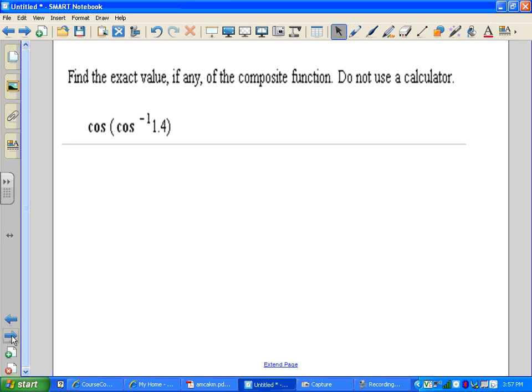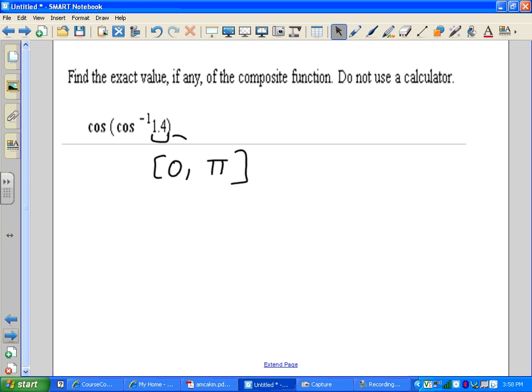Now, here's another one here. If we're going to ask, can we cancel this out, or do we have to do something else here? Do we need to find a reference angle maybe to answer this question? There again, this value has to be in between the first and the second quadrant. And if you think about those values, that was from 0 to pi. So what we're talking about again are the numbers 0 to 3.14.